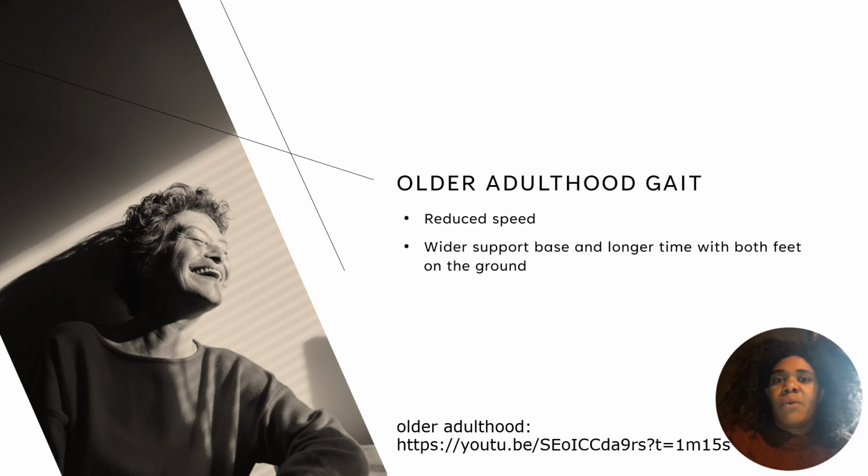We saw similar things when we were looking at children, and for the same reasons, right? So the older adult gait is one that leads with the goal of not falling in mind. So that's what we see there.